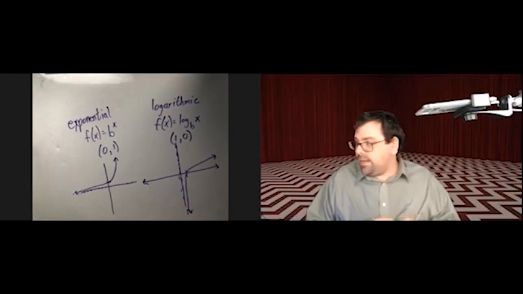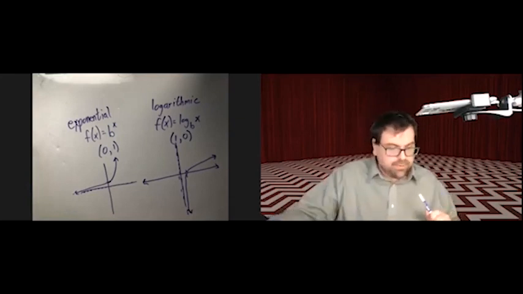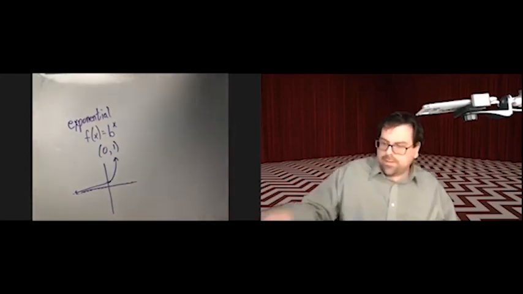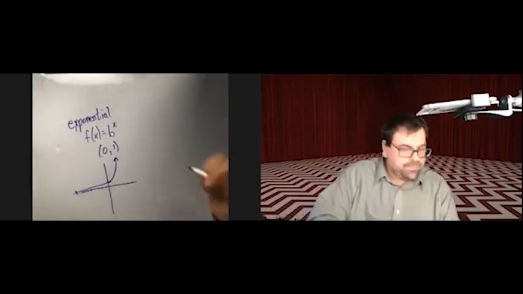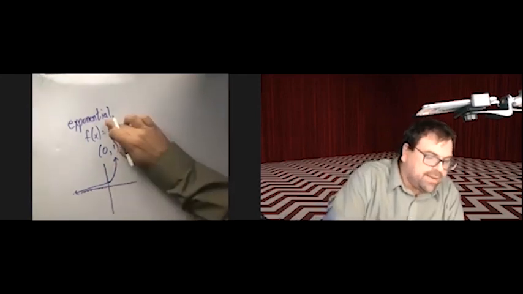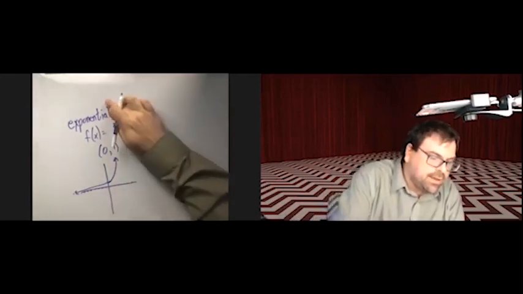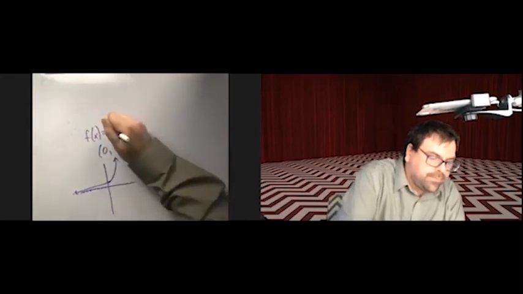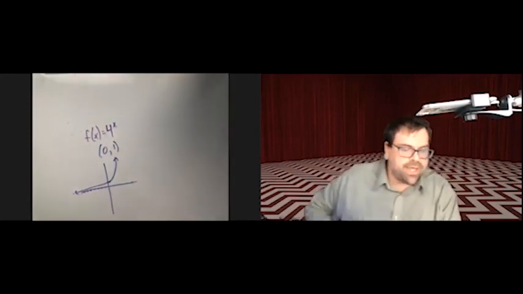So let's say, for example, instead of this being b to the x, let's say it was 4 to the x.